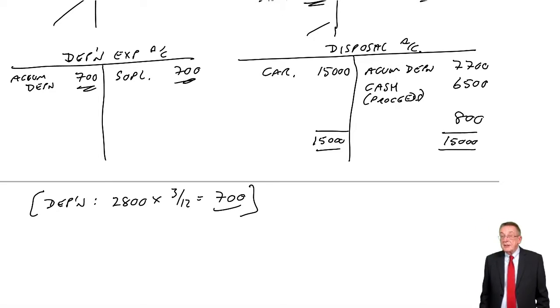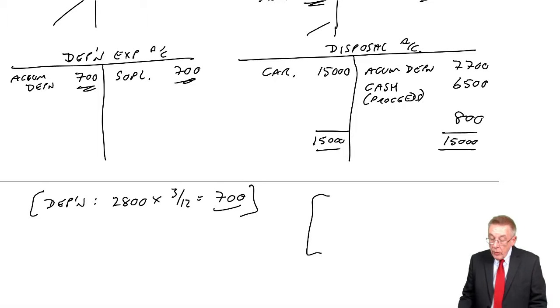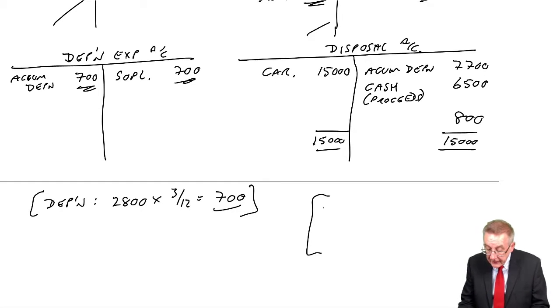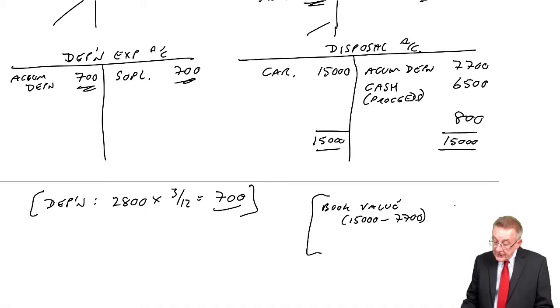Well, what do you think that 800 is? Surely that 800, the book value of the car, if we were doing a statement of financial position, would be cost less accumulated depreciation, which is 7,300.